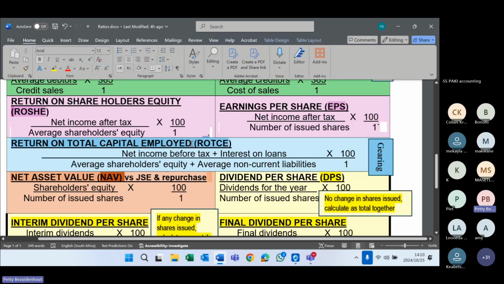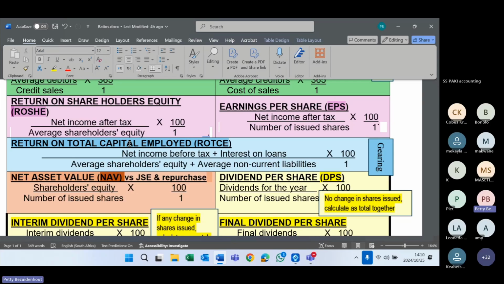So just make sure if they give you this ratio in a balance sheet, there's no heading for capital employed on the balance sheet. It's your note 7 and 8, your shareholders' equity plus the loan amount. Capital employed includes your loans. But never mind, the ROCE is now your gearing.